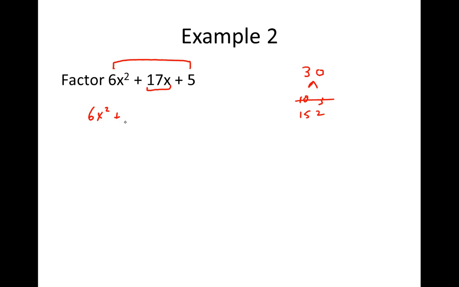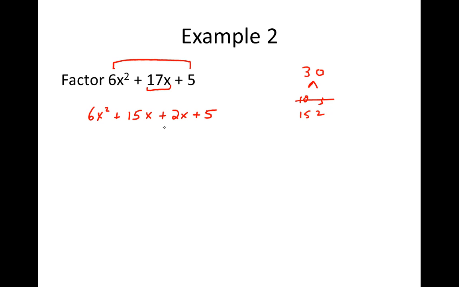So 6x squared plus, we're going to rewrite this as 15x plus 2x plus 5. Or you could have said 2x plus 15x. They should both give you the same thing in this case. It doesn't always work out that way. Sometimes the grouping is specific. You have to put these in the right group. So recall when we did factoring by grouping in an earlier lesson.